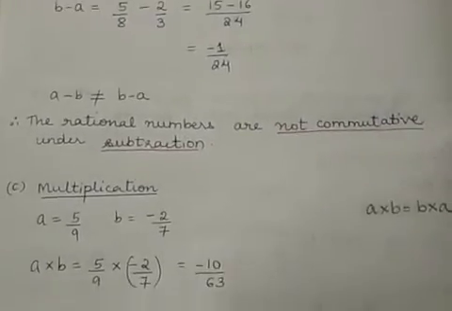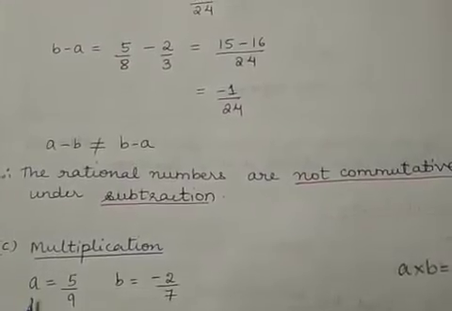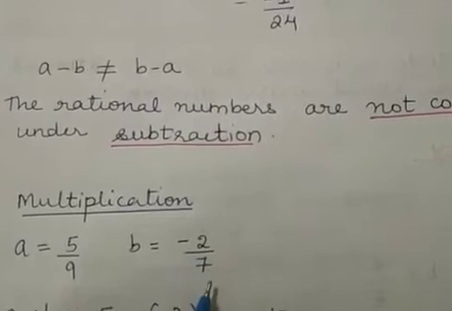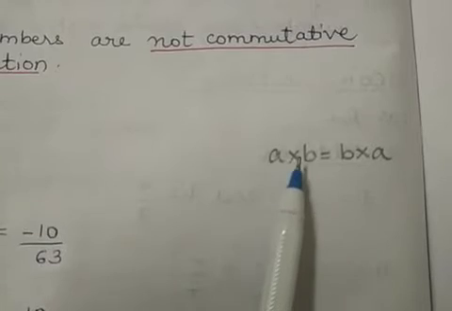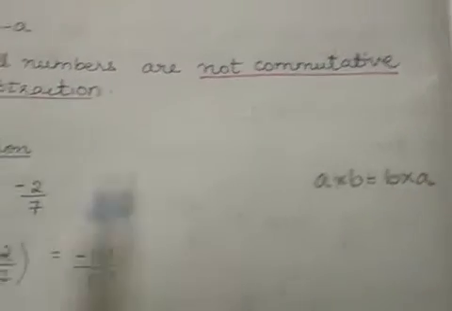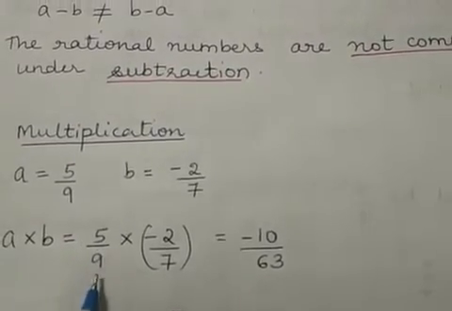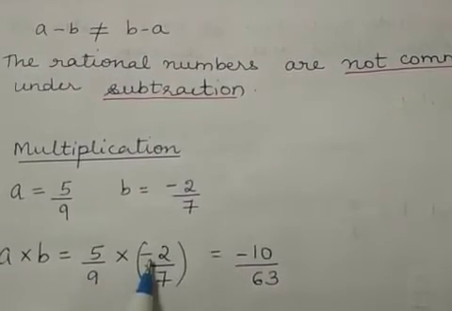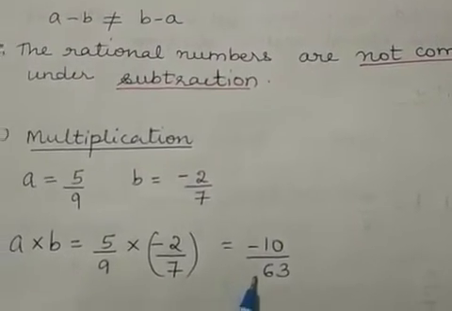Next, we will check whether commutativity holds true for multiplication. Now I am taking a as 5 upon 9 and b as minus 2 upon 7. Here you should get a multiplied by b equal to b multiplied by a. When I take a multiplied by b, I get 5 upon 9 multiplied by minus 2 upon 7. So 5 multiplied by minus 2 is minus 10 upon 7 nines are 63.